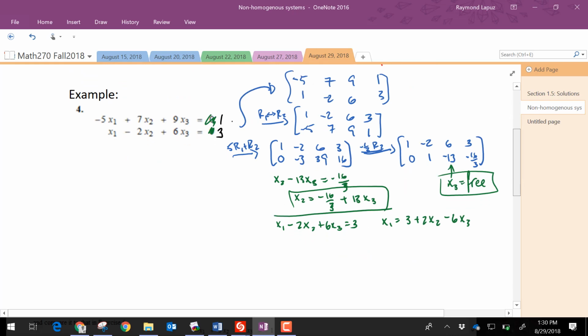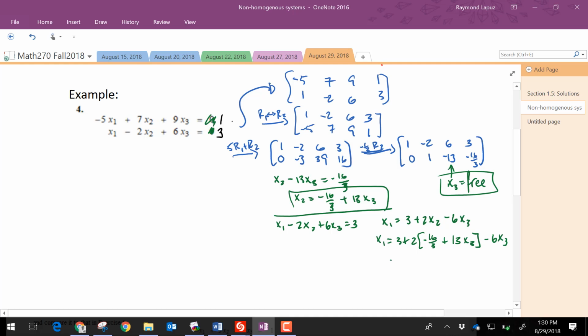Now we know what x2 is, right? x2 is this big mess. So x1 equals 3 plus 2 times minus 16 thirds plus 13x3 minus 6x3. Just algebra.